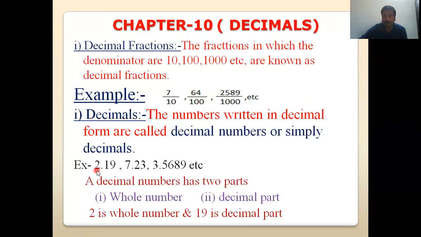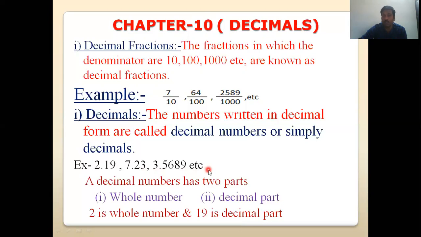The left side of the decimal is called the whole part of the decimal number, and the right side is called the decimal part. From this example, 2 is the whole number and 19 is the decimal part of 2.19, and these are other examples: 7.23, 3.5689, etc.